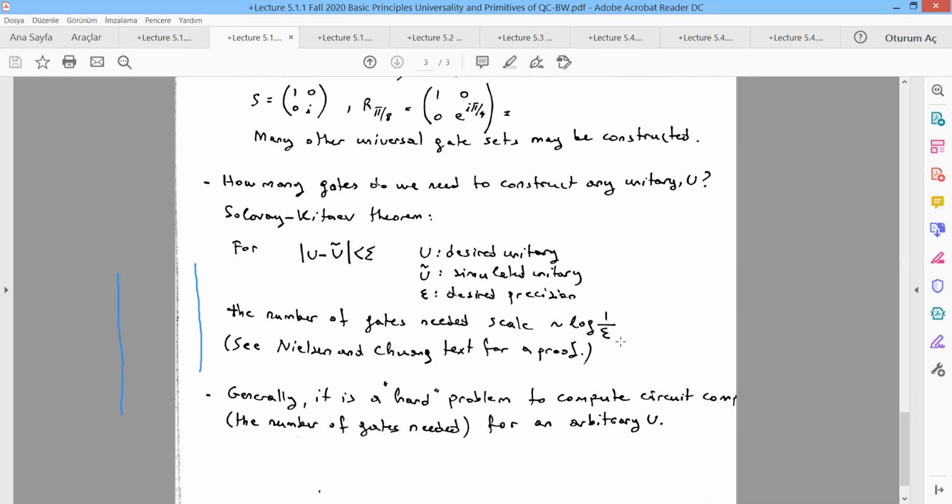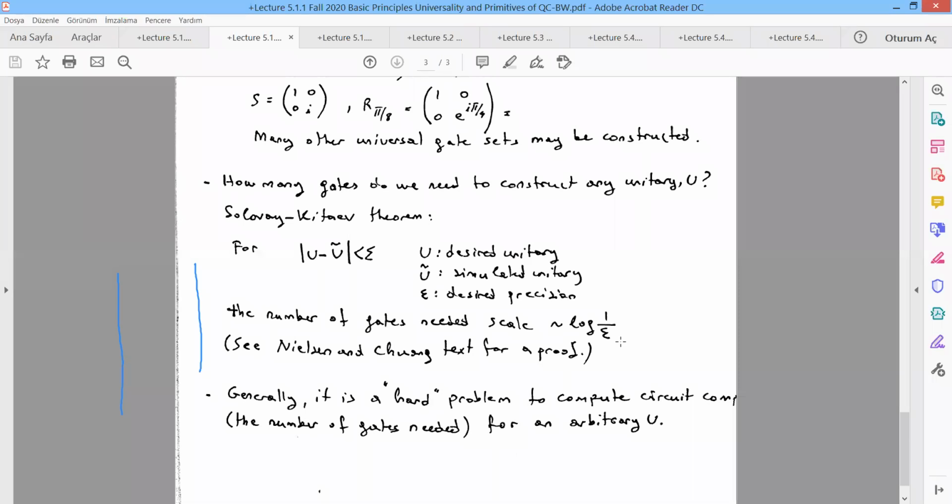It says, at least, that with this given scaling, there's a way to construct a unitary operator arbitrarily close to the desired unitary operator.